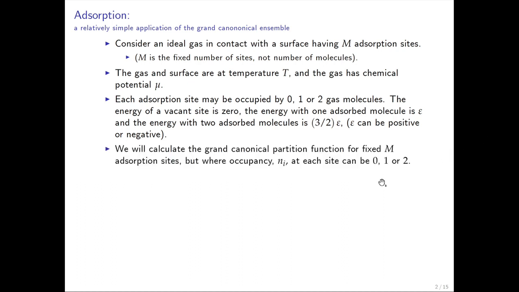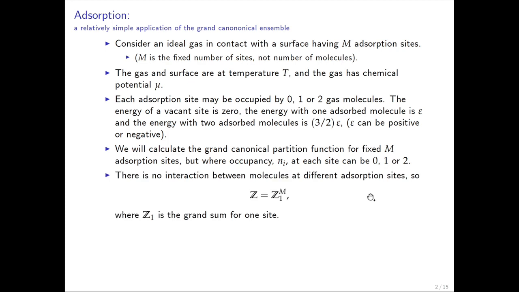So we'll calculate the grand canonical partition function for fixed M adsorption sites, where the occupancy, which we'll label as N sub i, at each site can be 0, 1, or 2. Furthermore, we'll assume there's no interaction between molecules at different adsorption sites.